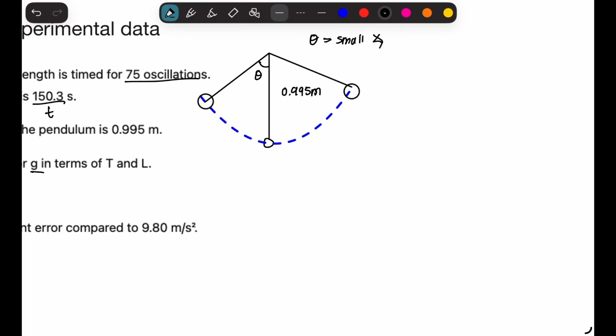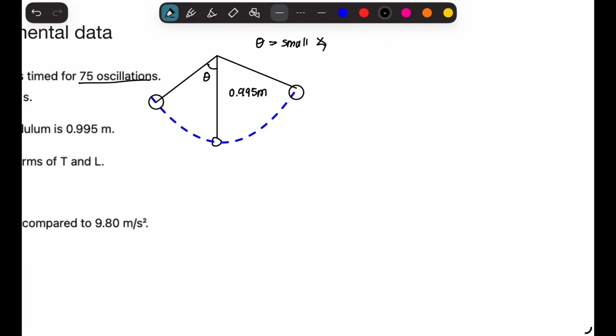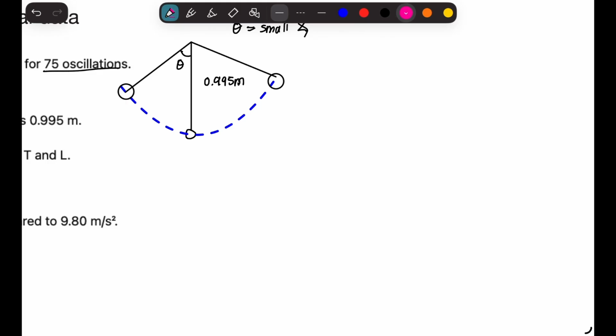And also here, the string's mass is going to be negligible to the bob, because the mass of the bob is going to be much larger. So for here, let's draw this out.